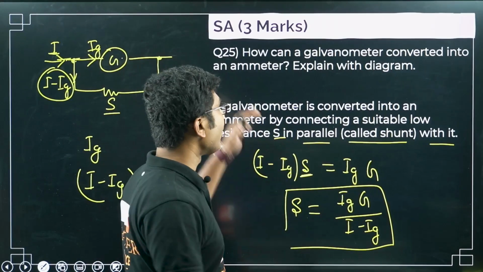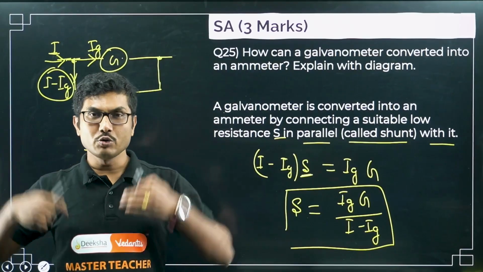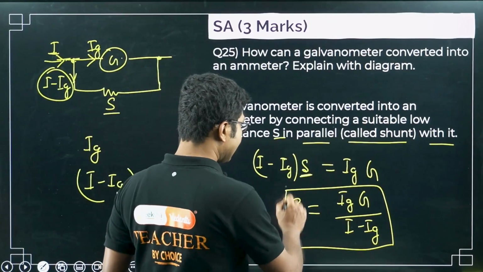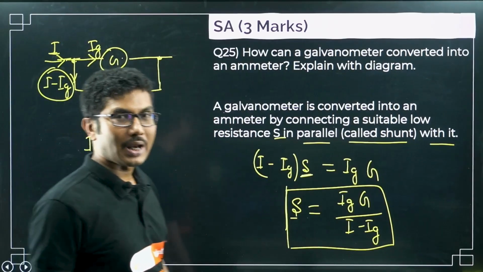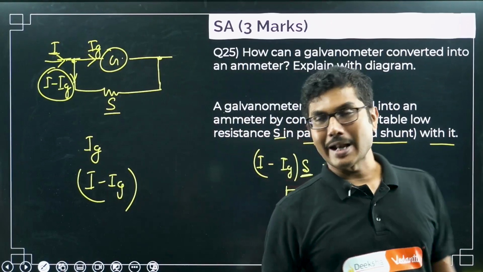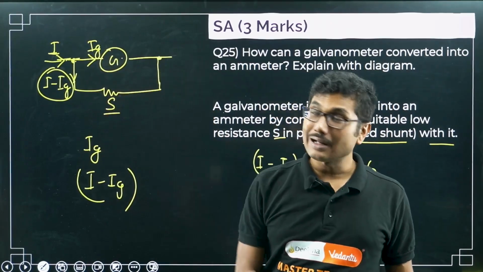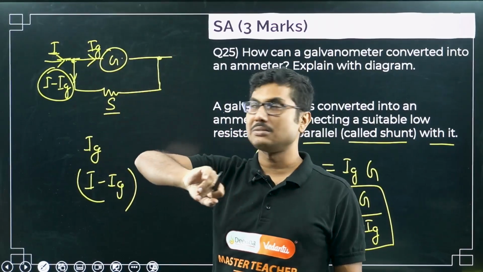No, because they have asked you how to convert a galvanometer into an ammeter. So in that case you have to find how much resistance you have to apply to convert it into an ammeter. The resistance is connected in parallel so that the current through the galvanometer remains at the maximum value.